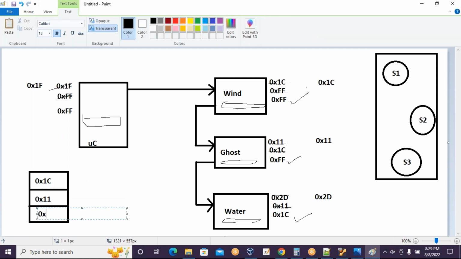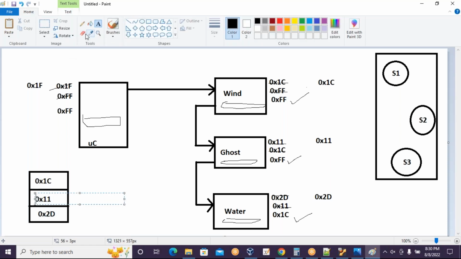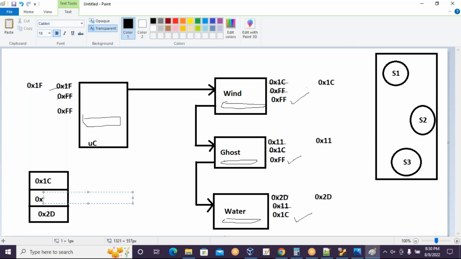Then whatever data I want to change, I want to change only the second DAC value. So I go to this array and I change this value to 0xFF.